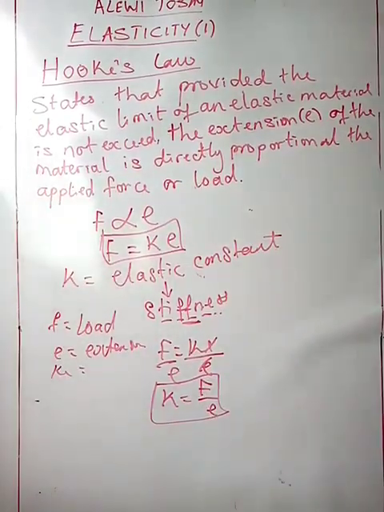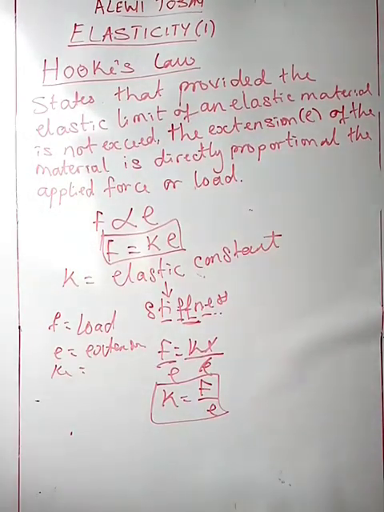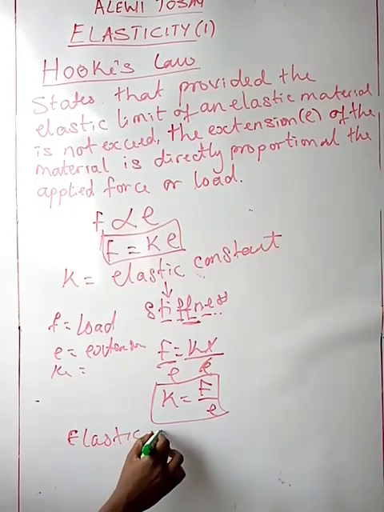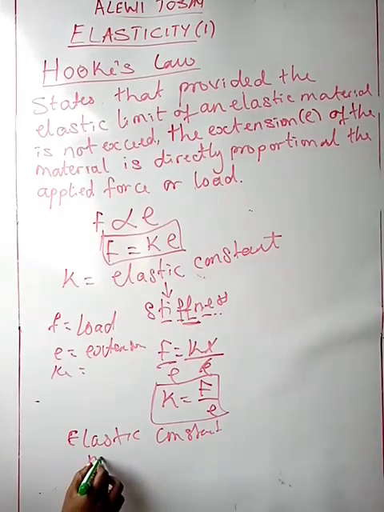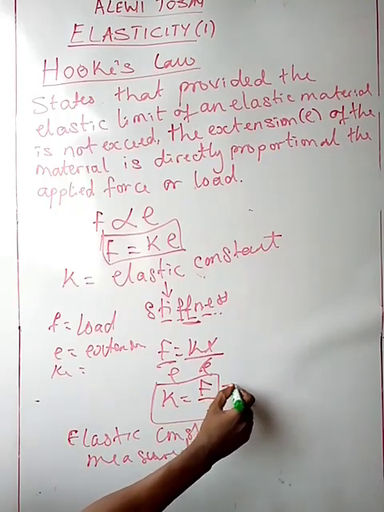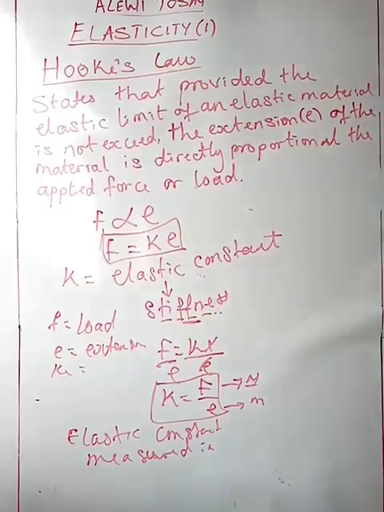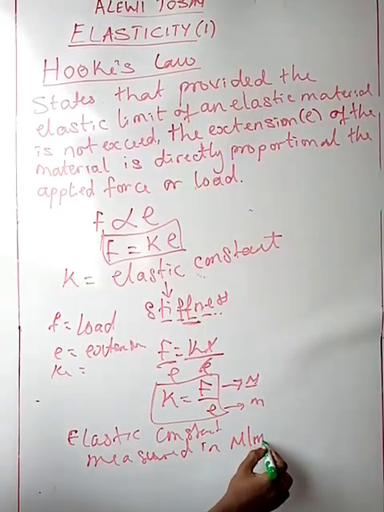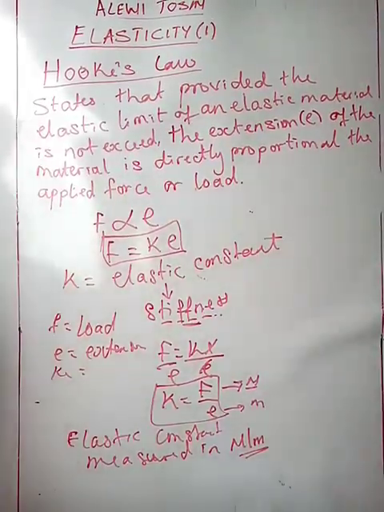Now, elastic constant is measured in what? Our F here is in Newton, and our E here is measured in meter. So elastic constant is measured in Newton per meter. That is what Hooke's law is saying.